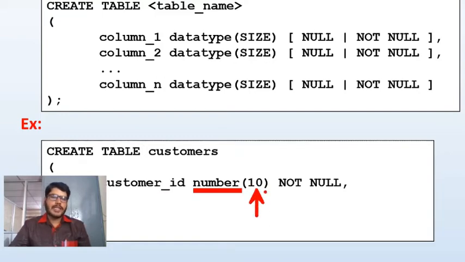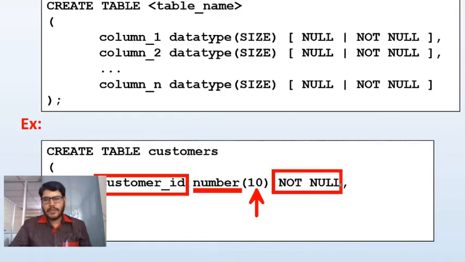So in this case, I'm going to reserve 10 digits of a number here for the customer ID column. And this is a constraint, which is entirely optional. Suppose I don't want to include null values in the customer ID, then I must include this constraint. So don't bother about these constraints right now, because we are going to discuss constraints in upcoming sessions.